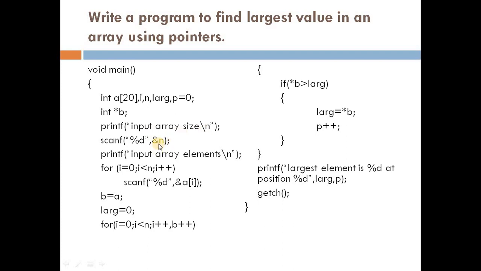Input the array size, input the array over here. So here I have inputted the array a of i. I have taken b is equal to a, that is the base address of the array. I have initialized it to pointer variable b. This temporary variable i I should initialize to 0.